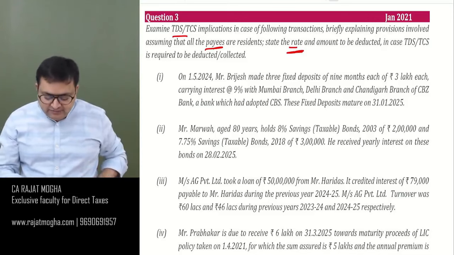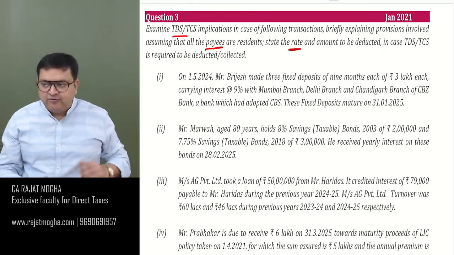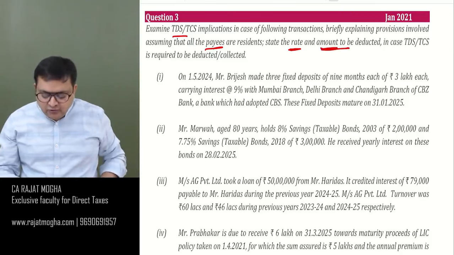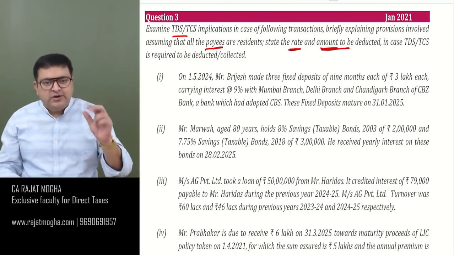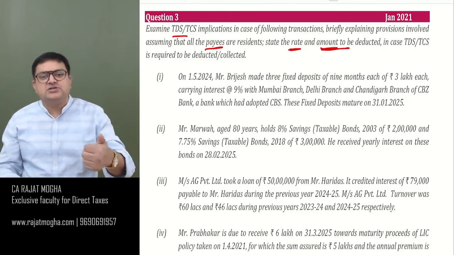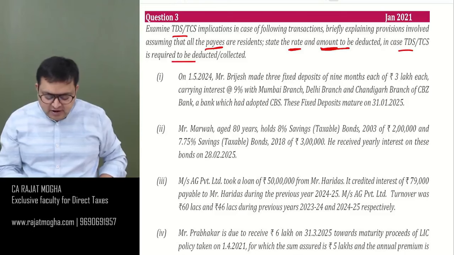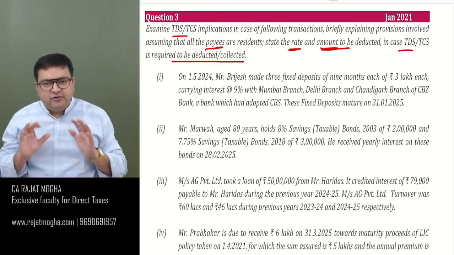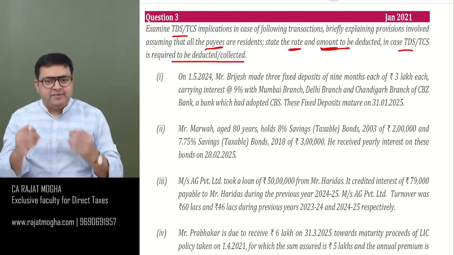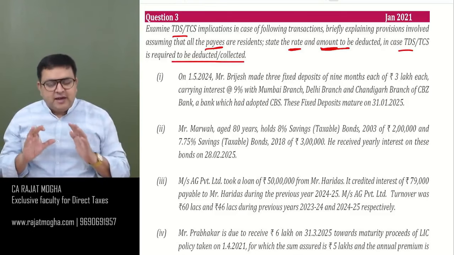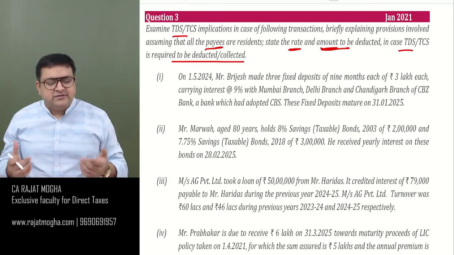So this type of question we'll get in examination. State the rate of TDS. We have to mention at what rate TDS would be applicable, and the amount to be deducted, the rate in percentage and the amount in rupees, in case TDS is required to be deducted. So here we have to examine whether TDS would be applicable or not, and give the reasons.